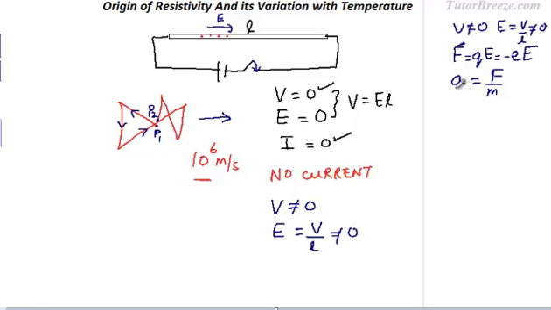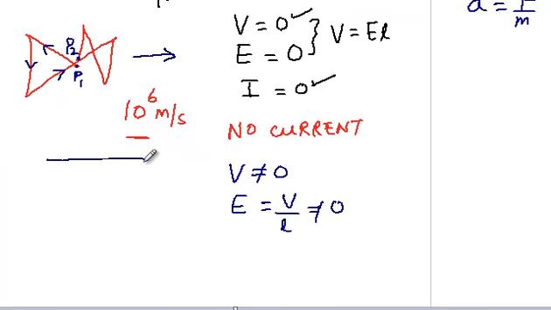They should acquire high velocities in a direction opposite to the electric field, because the force will be in the opposite direction. This would be the case if these electrons were present in vacuum; they would attain extremely high velocities.